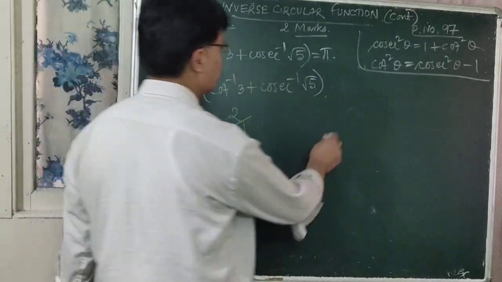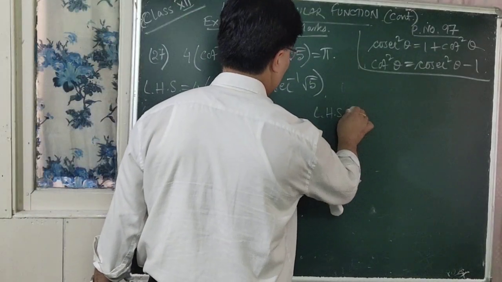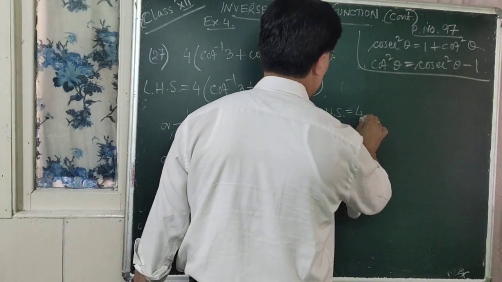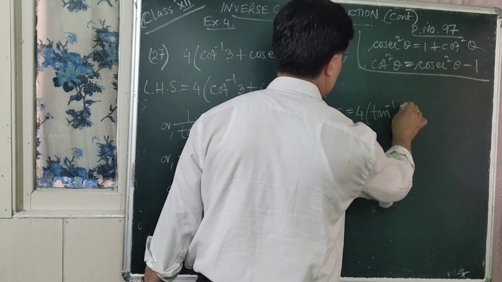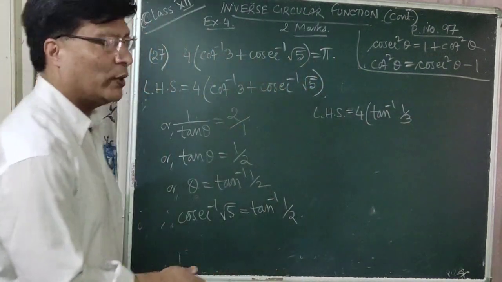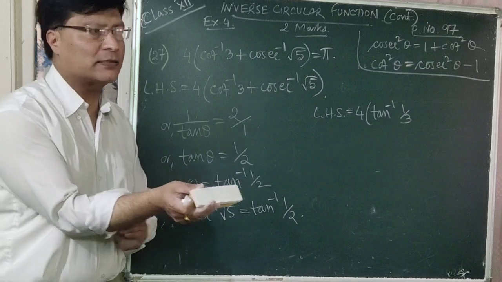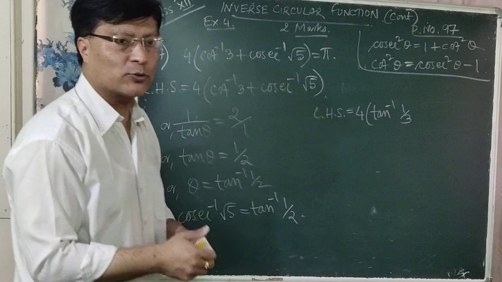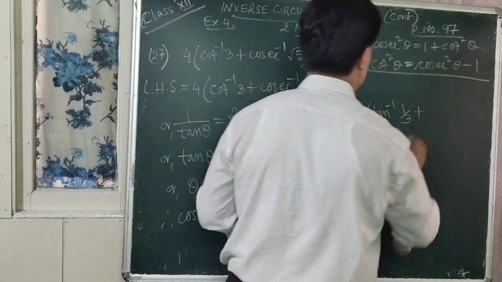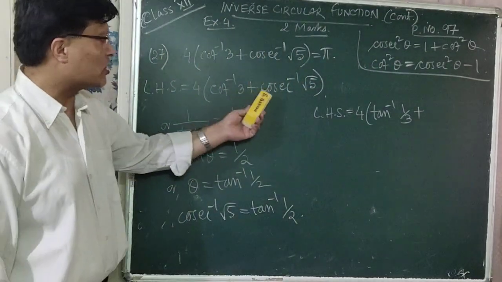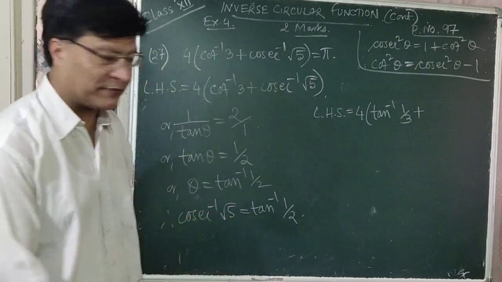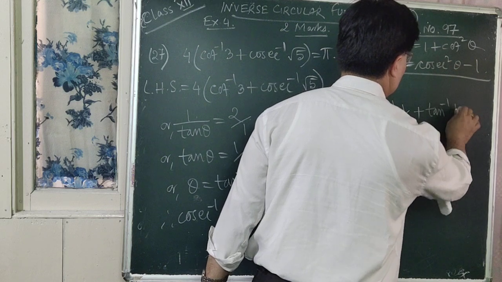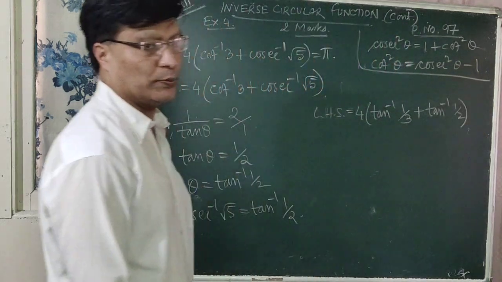Write down LHS again. What was LHS? It was 4 within bracket tan inverse 1/3. We had converted cot inverse 3 in terms of tan inverse, which is tan inverse 1/3, plus just now we got the value for cosec inverse root 5, which is equal to tan inverse 1 upon 2.